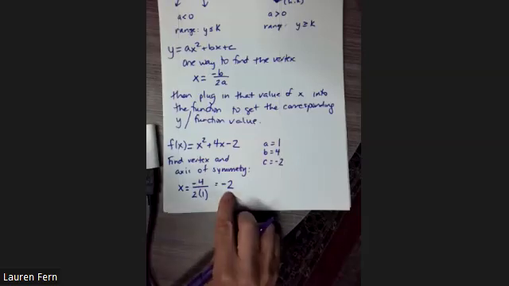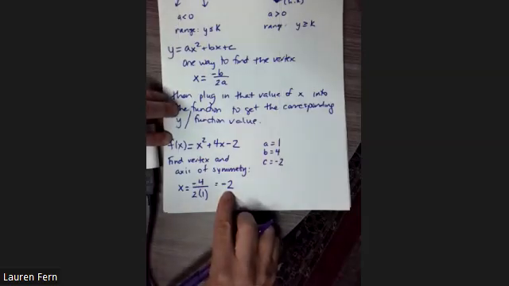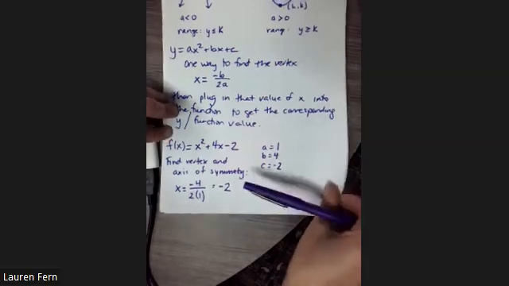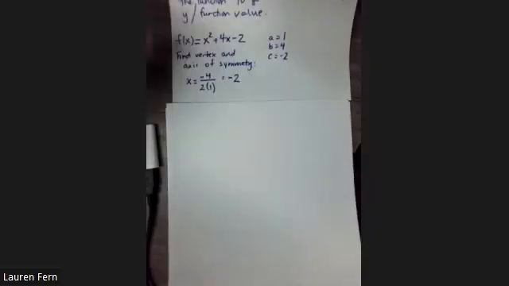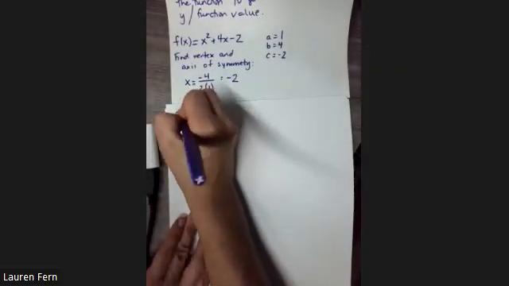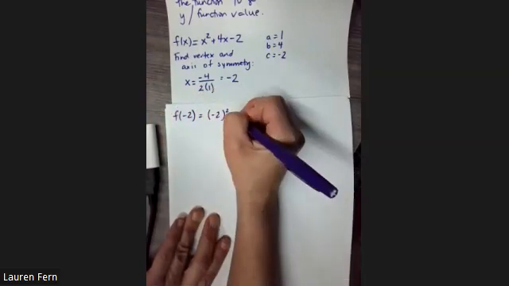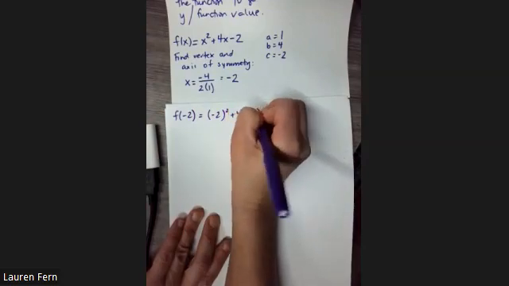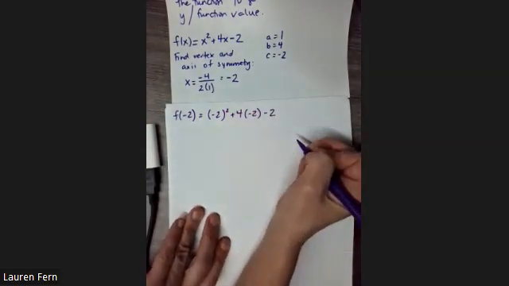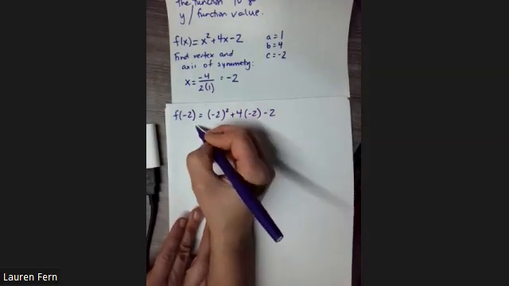Now, in order to find my corresponding y value or function value, I'm going to compute f of negative 2. We know how to do that. It means everywhere we see an x in our function f, we plug in negative 2.